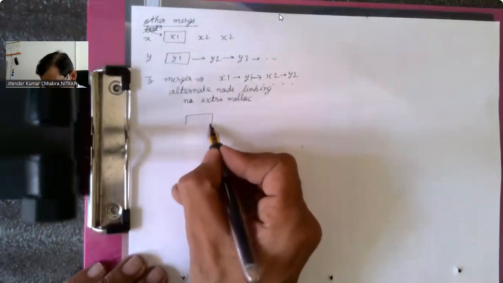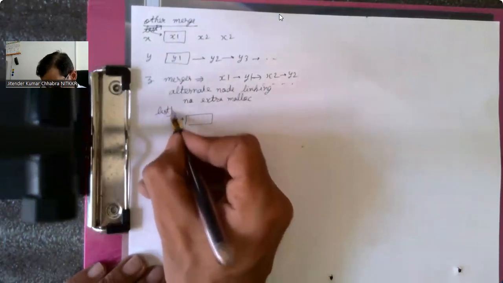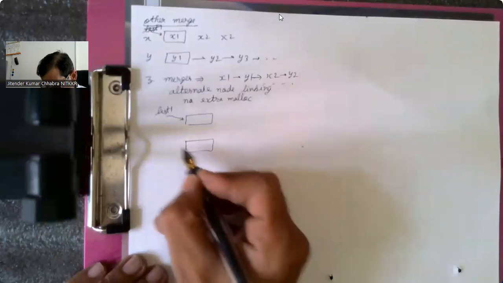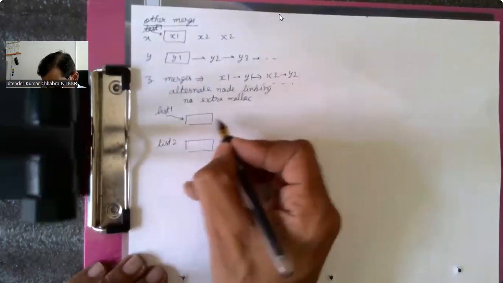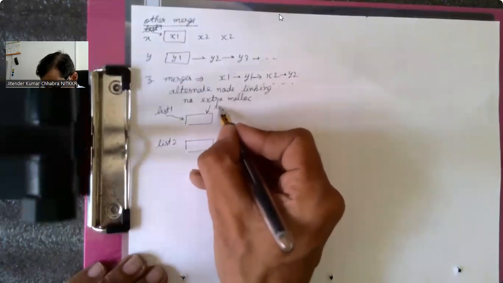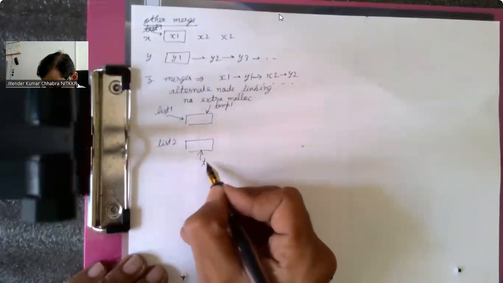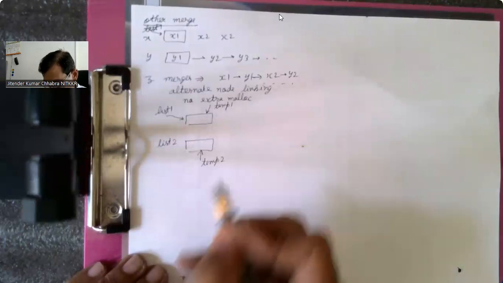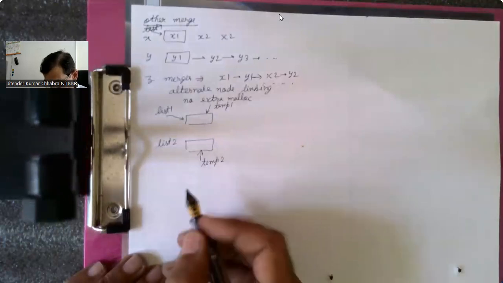My logic should be made so that this is my list 1 and this is my list 2, whether singly linked list or doubly linked list, and I will always maintain one temp pointer for each. They will be used for the comparison or merging condition.